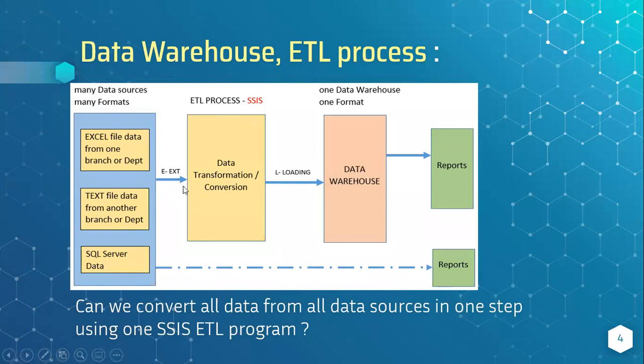E for extraction: we are extracting data from different data sources. T for transformations: we are applying transformations or data conversions. And the converted data, finally, we are loading into the data warehouse. L for loading. All the data is loaded in only one standard format in the data warehouse.